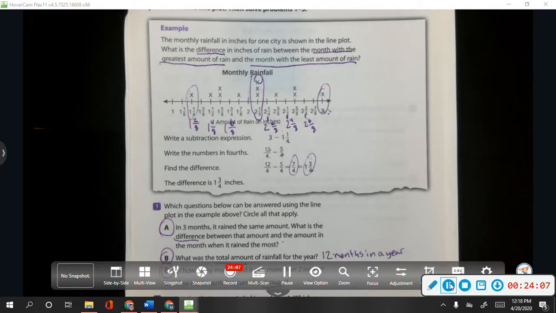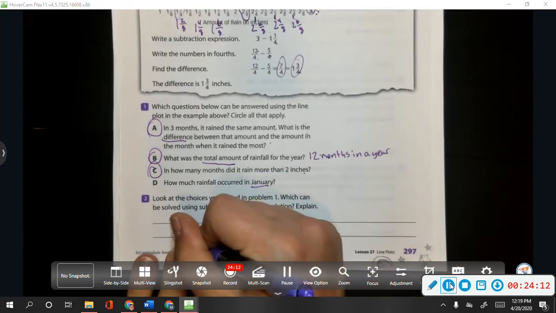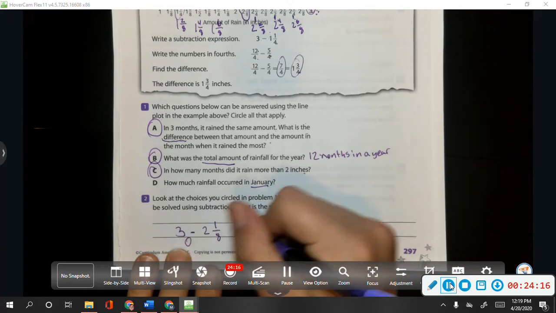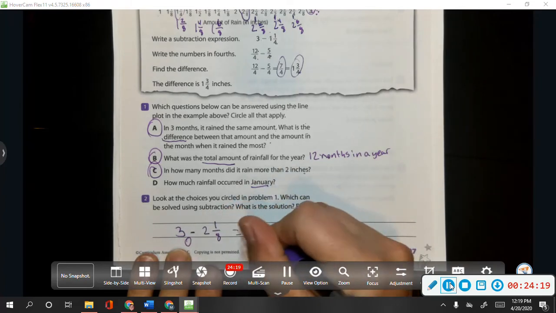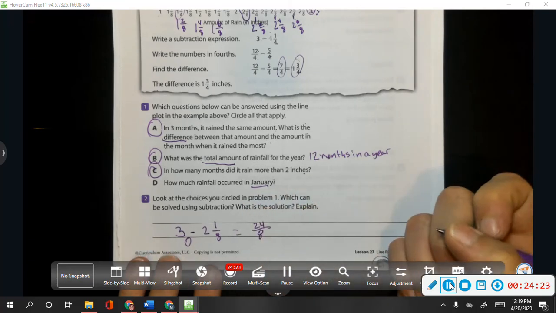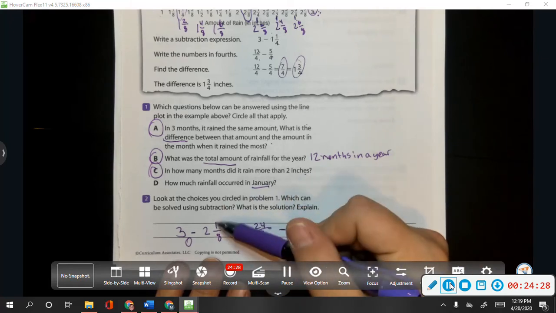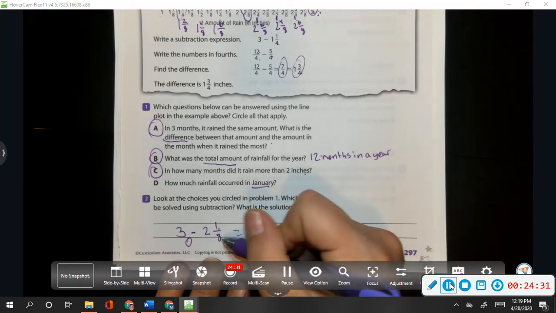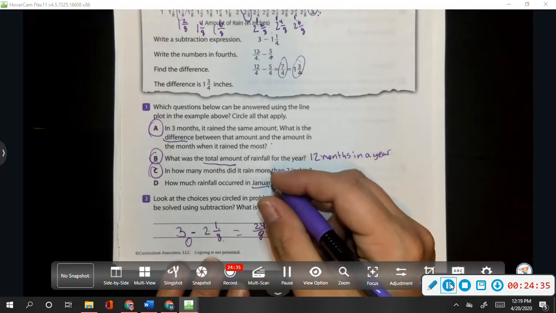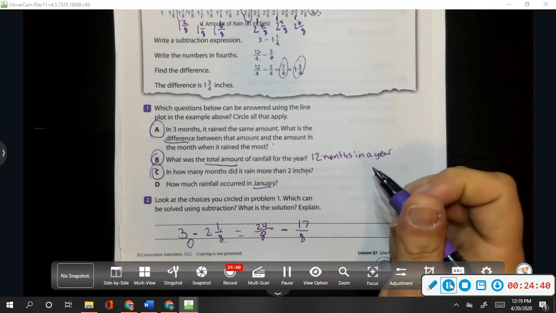And in order to solve this, I need to make a denominator of 8 over here. So 8 times 3 is 24, and that would give me 24/8. Beautiful. And we're going to subtract it, and since this is a mixed number, I'm going to go ahead and turn this into an improper fraction. 8 times 2 is 16. That would be 17 eighths.